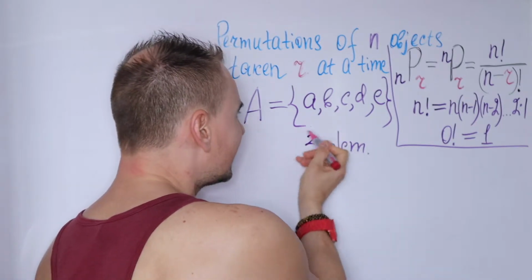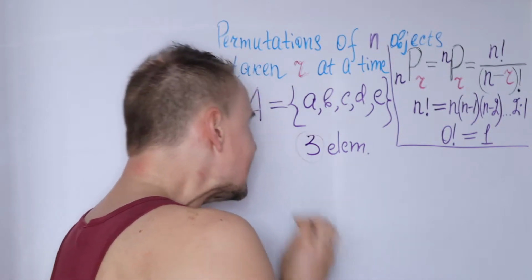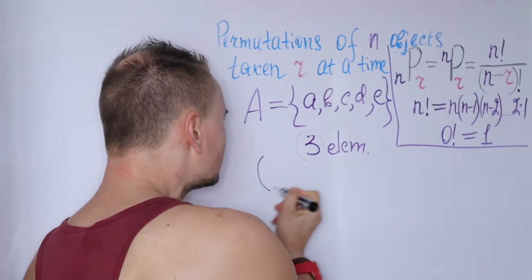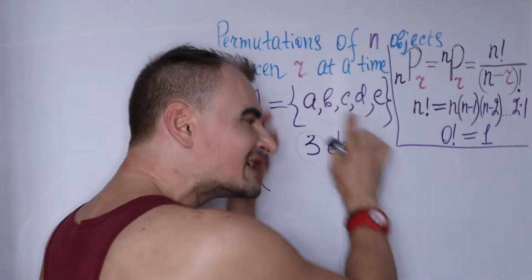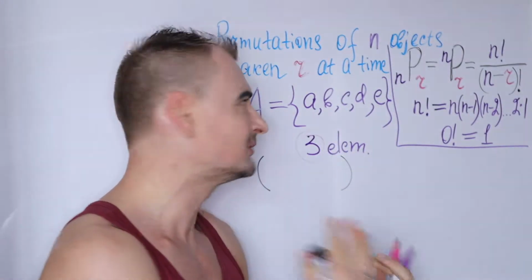So let's say 3 elements. I'm going to select any 3 letters, but in a particular order. I'm going to use normal brackets, not curly brackets, because curly brackets mean that the order does not matter.